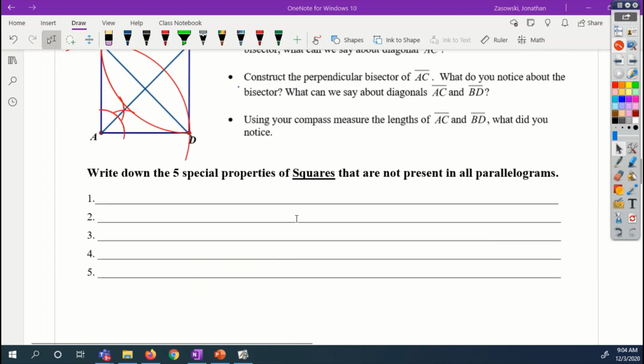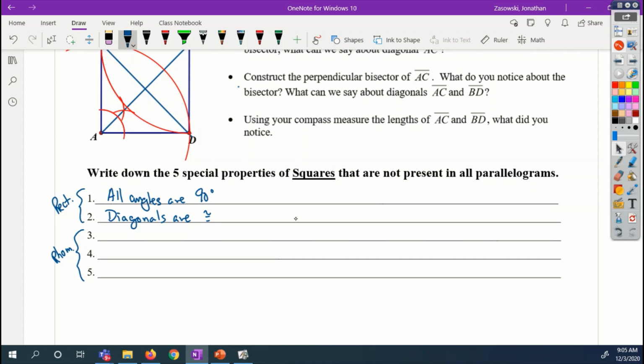All right, so we're going to write down the 5 properties of squares. Remember, they have both the properties of the rectangles and the properties of the rhombus. So the rectangle, if you remember, has all 90-degree angles, and it has diagonals that are congruent.